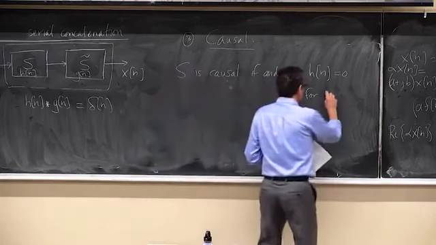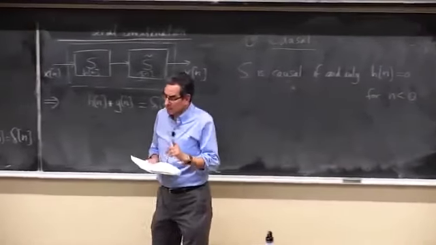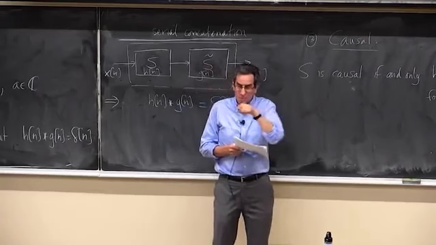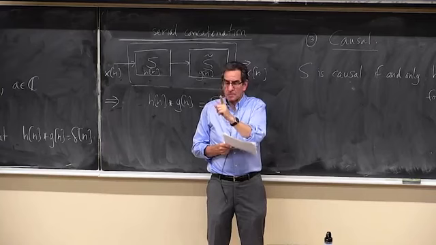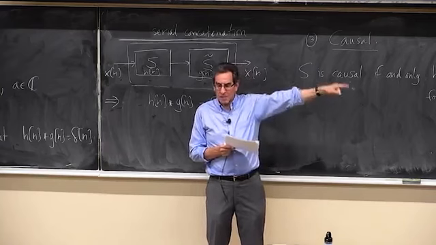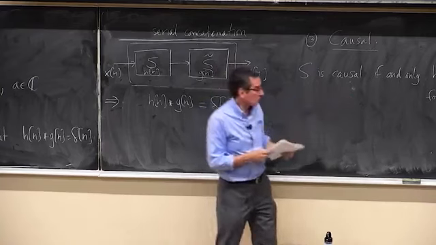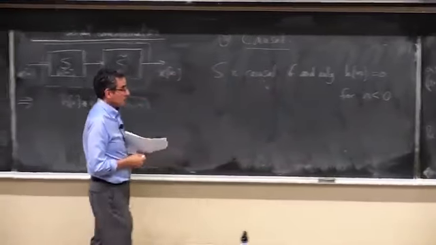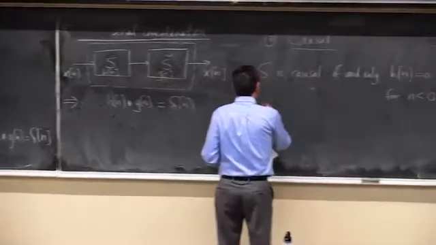You want the impulse response to be 0 for n less than 0, because remember, the unit impulse signal is all 0 up until you hit n equals 0. Now, in a causal system, it would be weird if something you did at n equals 0 affected the output at time n equals minus 10, or in fact, anything less than 0. So that's the way to figure out why it should be 0 for n less than 0.